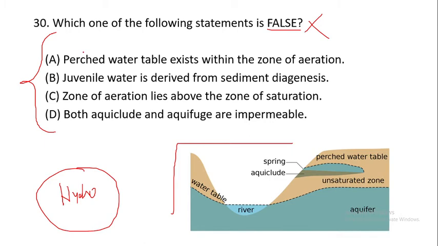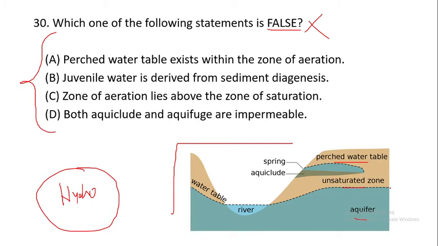Looking at the figure of the basic profile of groundwater. First option, let's see: perched water table exists within the zone of aeration. Here you can see the perched water table, saturated zone and aquifer.